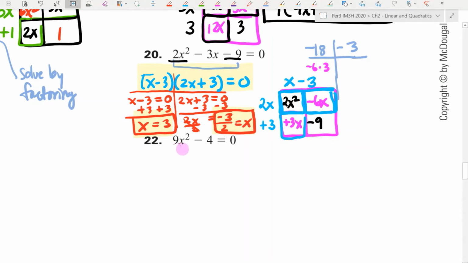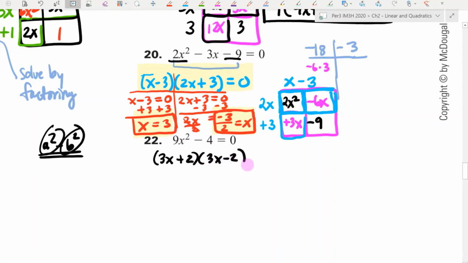For the next problem, when there are two terms, it needs to look like this. Something squared minus something else squared, which this does. When that happens, you're going to get 3x plus 2. You basically figure out the square root of both of them, and 3x minus 2. And the reason for that is because you basically have 0. You have nothing.